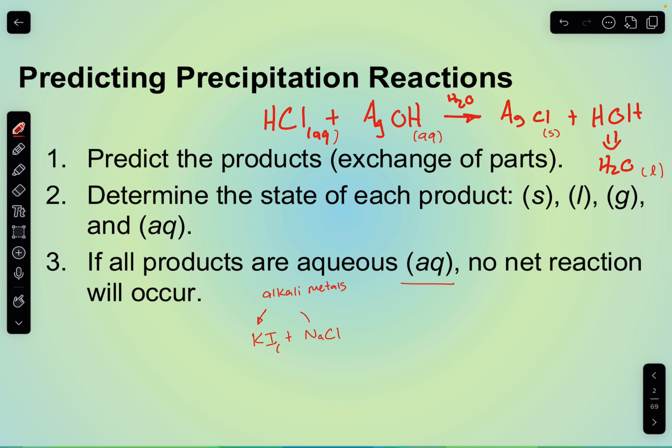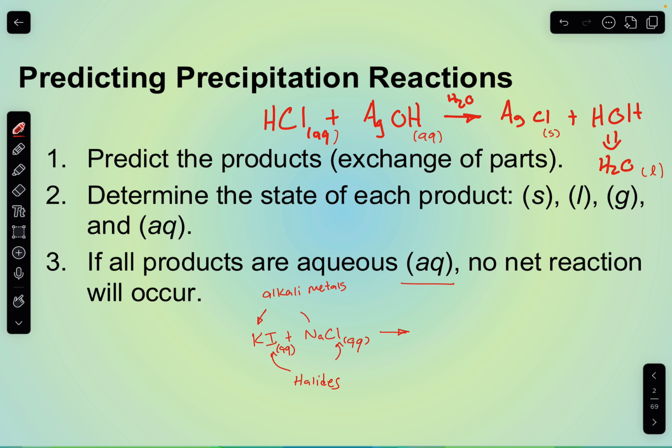And these are going to be halides. So as long as halides aren't bound to silver, mercury, or lead, then they are going to be soluble, and all of the alkali metals are soluble, so we can say that this is going to be not s for soluble, aq for aqueous.